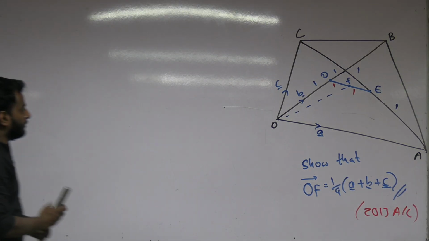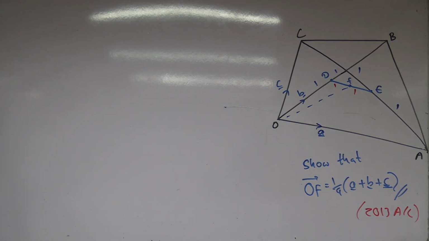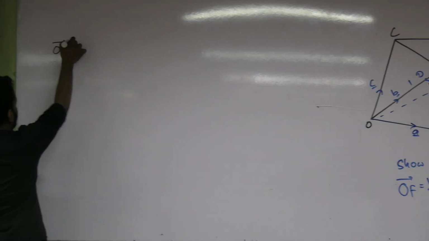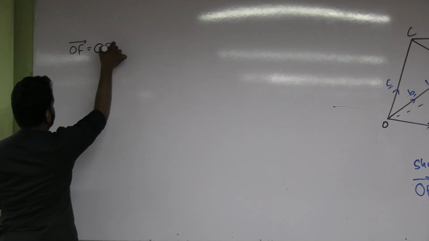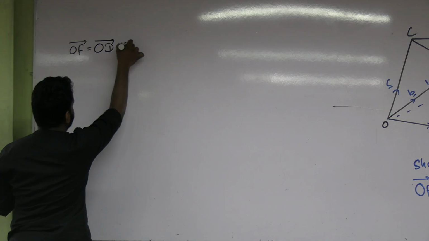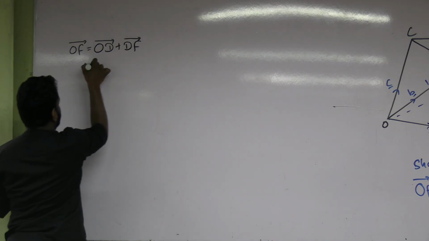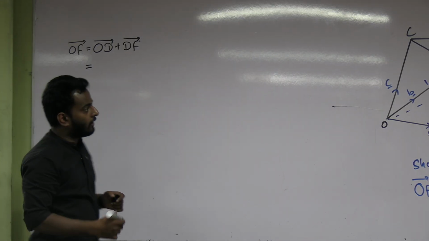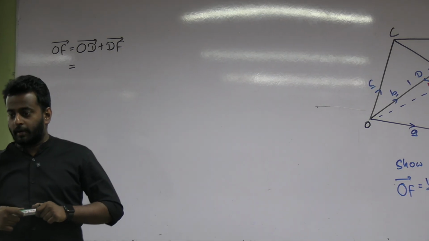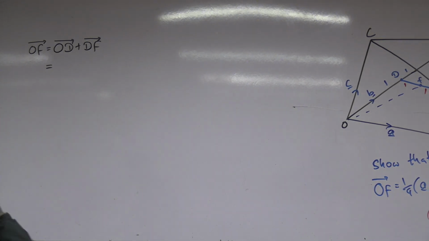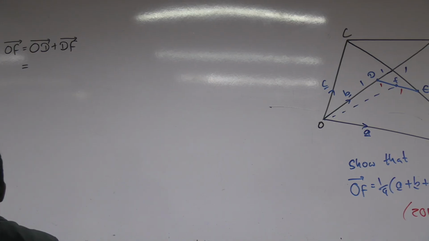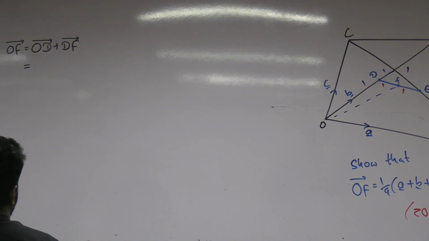So we'll start from here. You can write it as OF equals OD plus DF. Right, so OD is half of OB, and you can write DF as half of DE, and thereafter consider both those halves as common factors and write it as half into (OB plus DE).